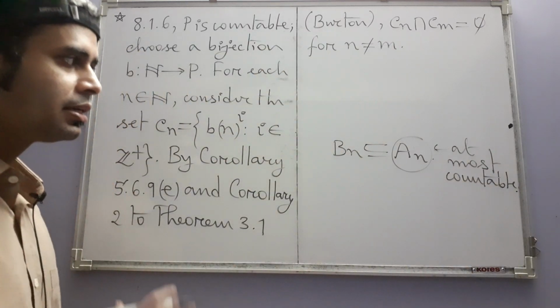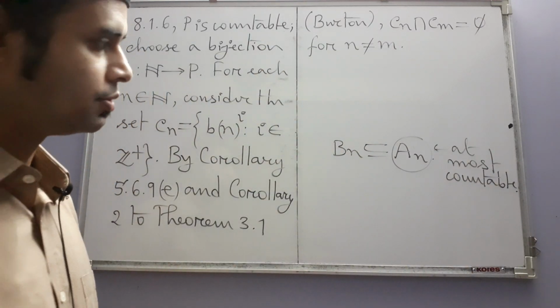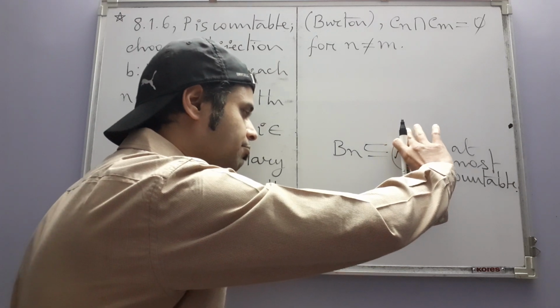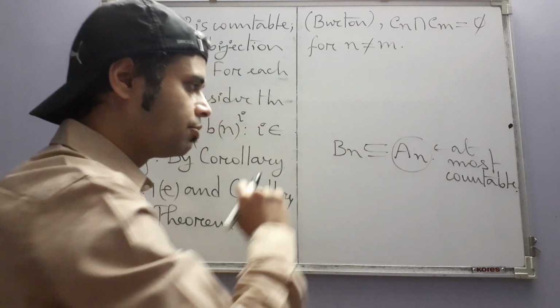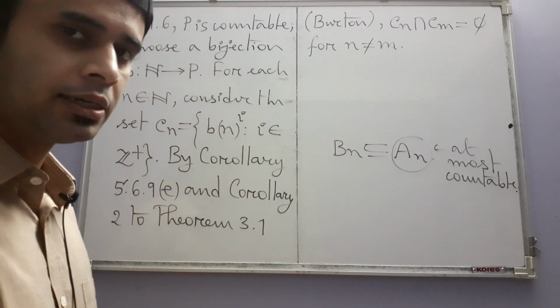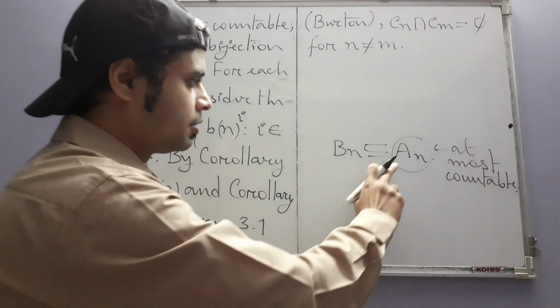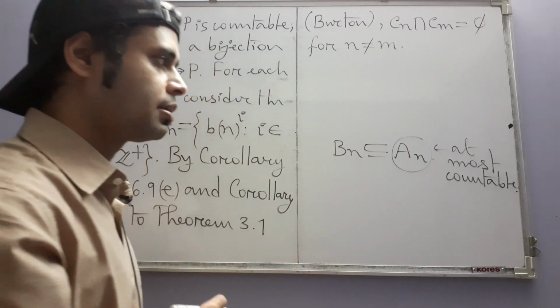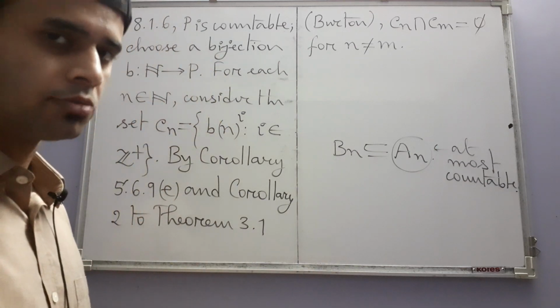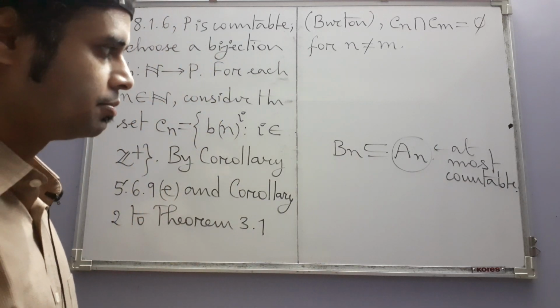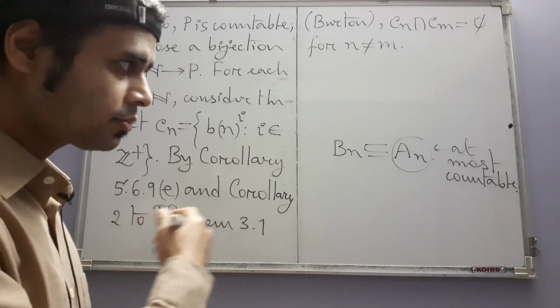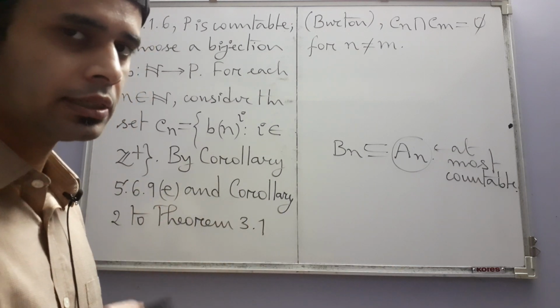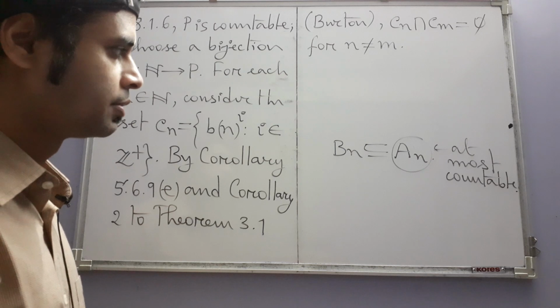So each Bn is also going to be at most countable. If An is finite, then Bn is going to be finite and hence by definition at most countable. Whereas if An is countable, then Bn is either finite or countable. That means again at most countable by the results we have so far obtained in this section.